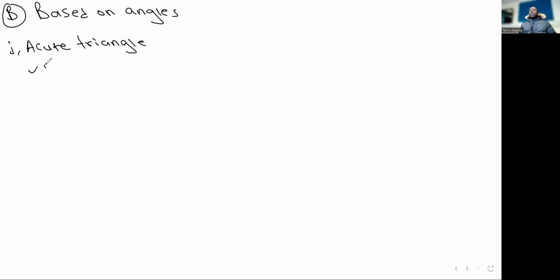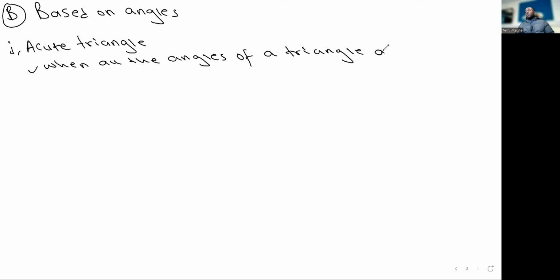So I'm going to write it down. An acute triangle is when all the angles of a triangle are acute, that is, they measure less than 90 degrees.